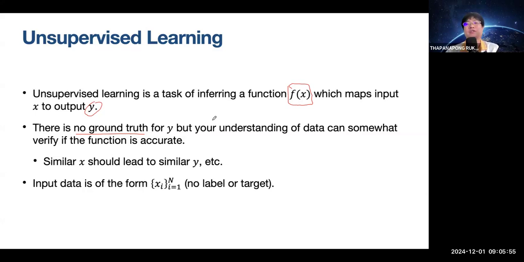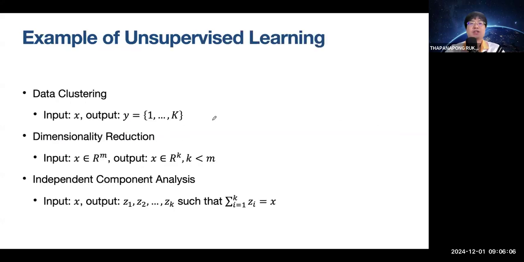Anything is correct, but whether or not your result can be useful in some applications is up to your interpretation. So last time we learned about data clustering, and our output would be just the cluster number. Each x will be assigned to one of the clusters, from 1 to k, and you can use the information for each cluster to group your data. What you do with the group is totally up to you.